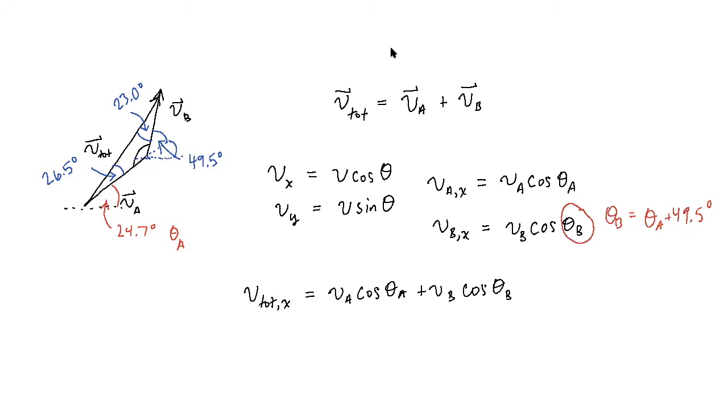So what you can also do is ask, what angle does the total make with the horizontal? So you've got this complete angle all the way from the horizontal axis up to V total. And you can see that this angle is going to be the sum of this one and this one.